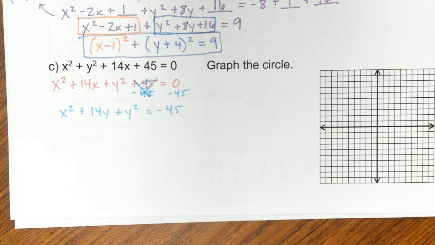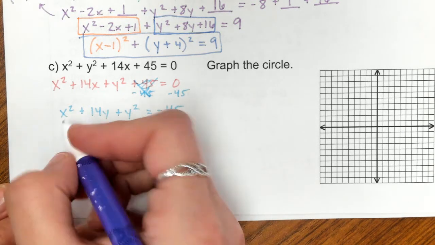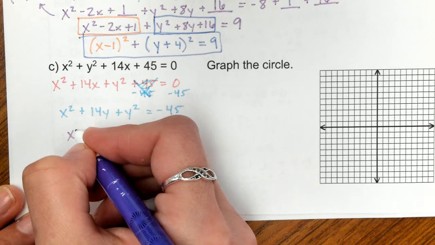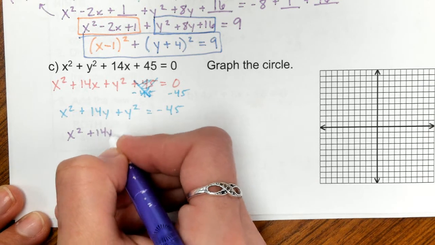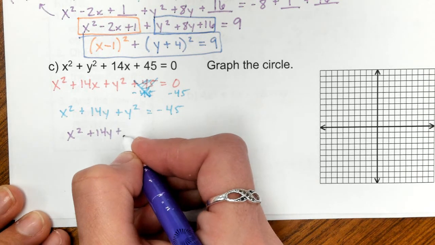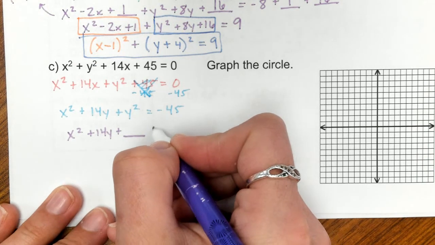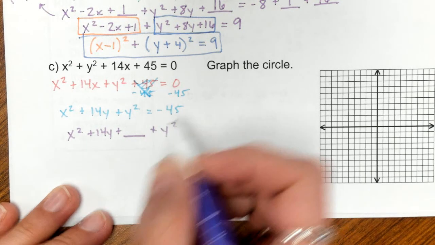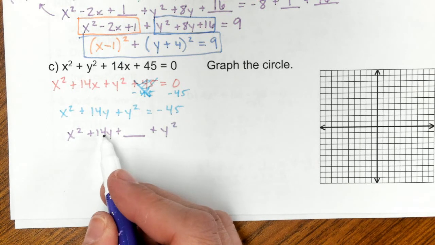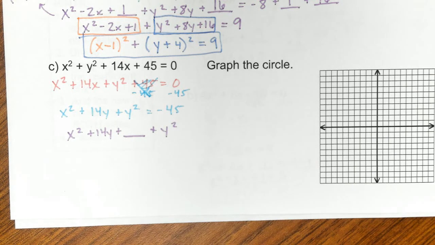There is no coefficient to divide by. So now we'll go straight into figuring out what we're adding or subtracting. Here we get x squared plus 14x plus, we have to figure out what goes here. Now take a look at the y squared. There is no b to go to the side and say b divided by 2 squared.